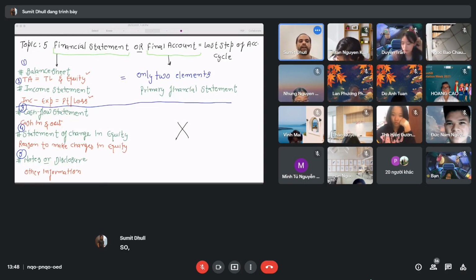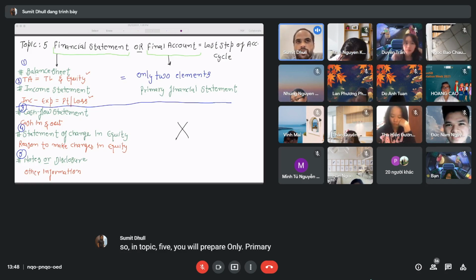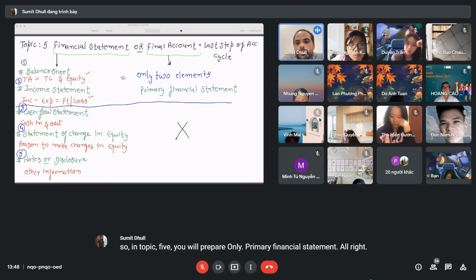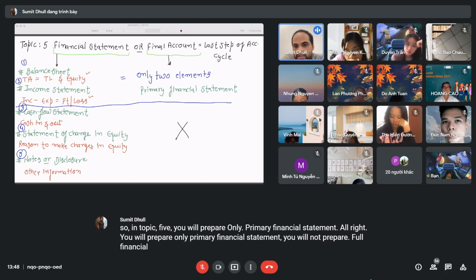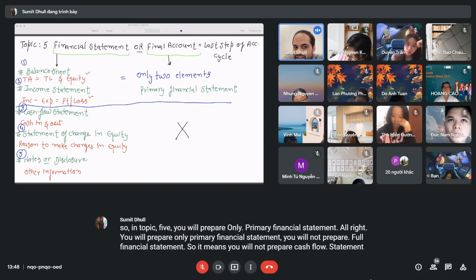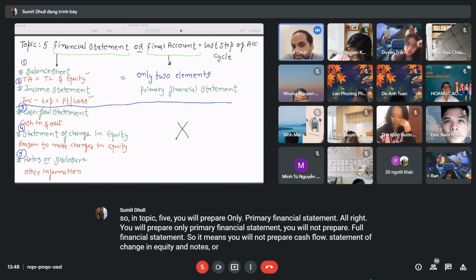In topic 5, you will prepare only the primary financial statement. You will not prepare the full financial statement. It means you will not prepare cash flow, statement of change in equity, and notes or disclosure.